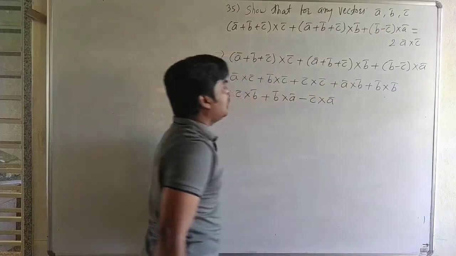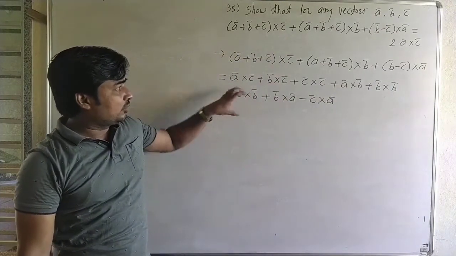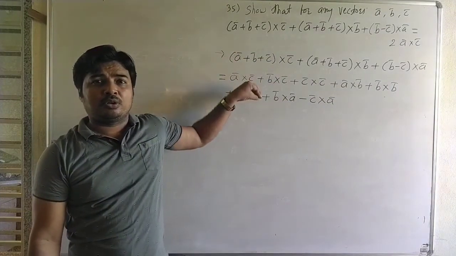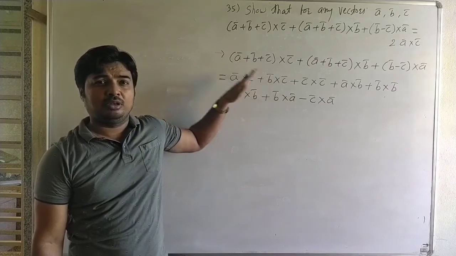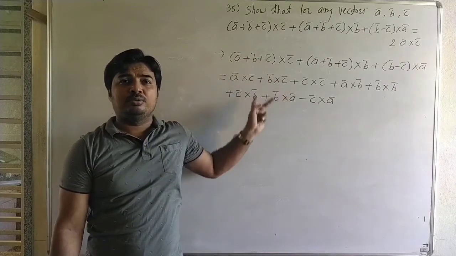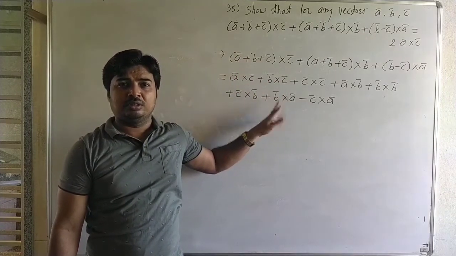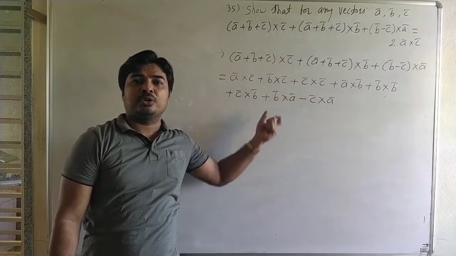These last two terms. Okay, now here we know the property of a vector product. If two vectors are equal, then the vector product is 0.